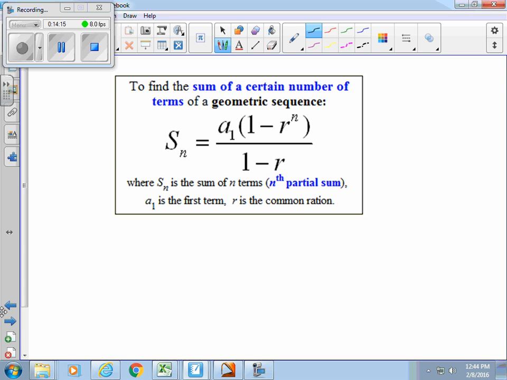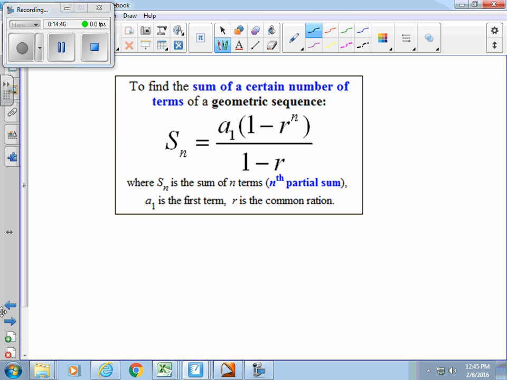Okay, sum of a geometric sequence. To find the sum of a geometric sequence, you can use this formula: the first term times 1 minus r to the n, divided by 1 minus r. This is called the nth partial sum.